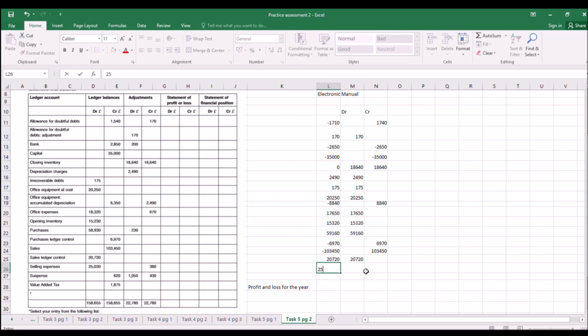Selling expenses is another debit there though, 25030 there, and then our suspense account here is credit, so minus 620, and we plus 050, and we minus 430. 0, excellent. And our VAT is a credit, so minus 1875, and the credit should be there.